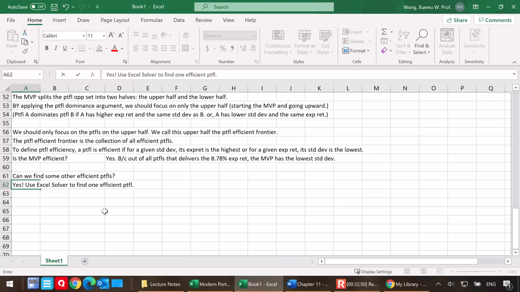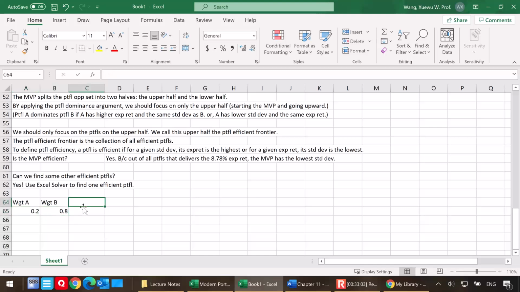All right, so I'm going to actually guess the weights on A and B. All right, and I'm going to actually guess 0.2 and 0.8. Okay, and this is a portfolio, so I can look at the portfolio standard deviation, and I can look at portfolio expected return.